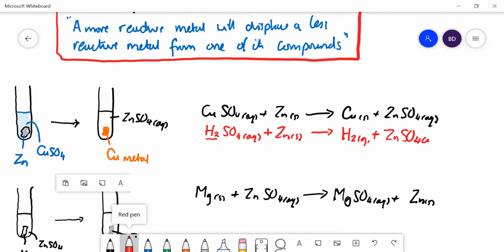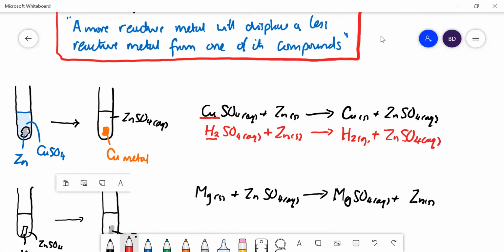You can see it's extremely similar to the metal displacement reaction, but instead of displacing the copper, you've got hydrogen. So the hydrogen is behaving very much like a metal there. That's why we put it in the reactivity series.